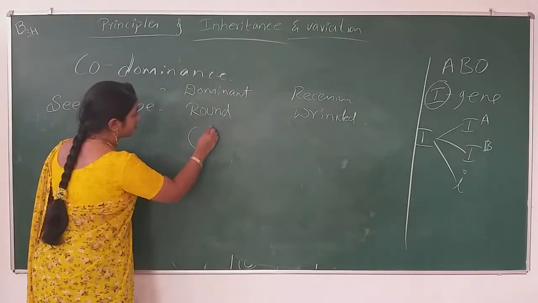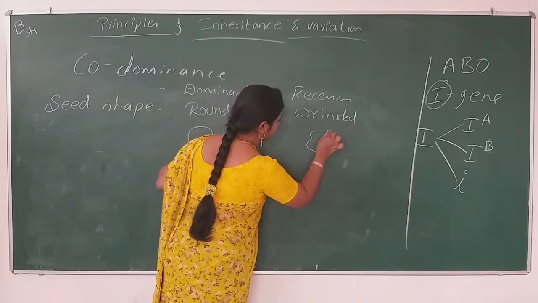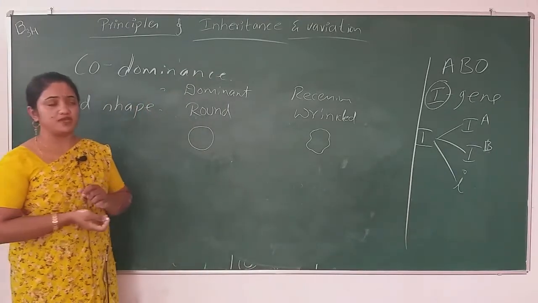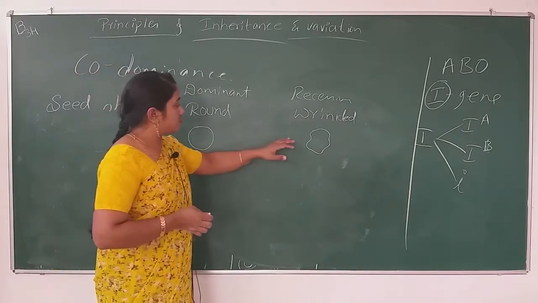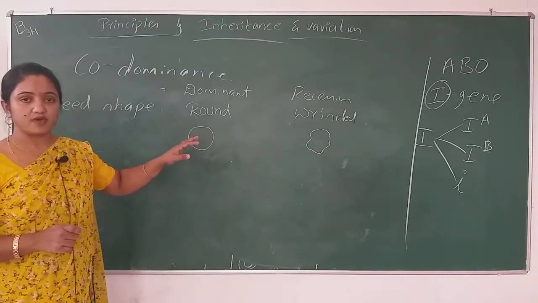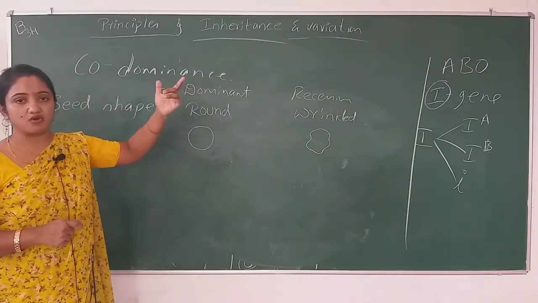Round means somewhat it looks like that. Wrinkled means somewhat it will be like this. So why are the seeds round in shape? Because it has the dominant gene, we can easily make out.